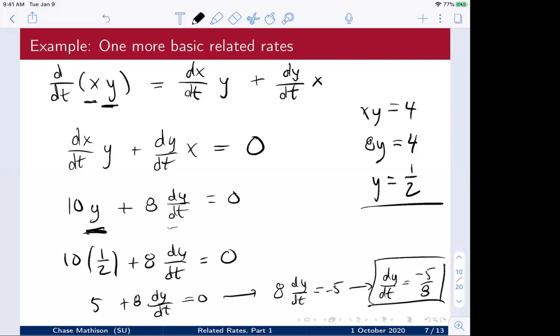Any questions on that? Really, this example encompasses everything. Sometimes it will seem like you don't have enough information, but any information you don't have, you'll always get from the relation between your variables.